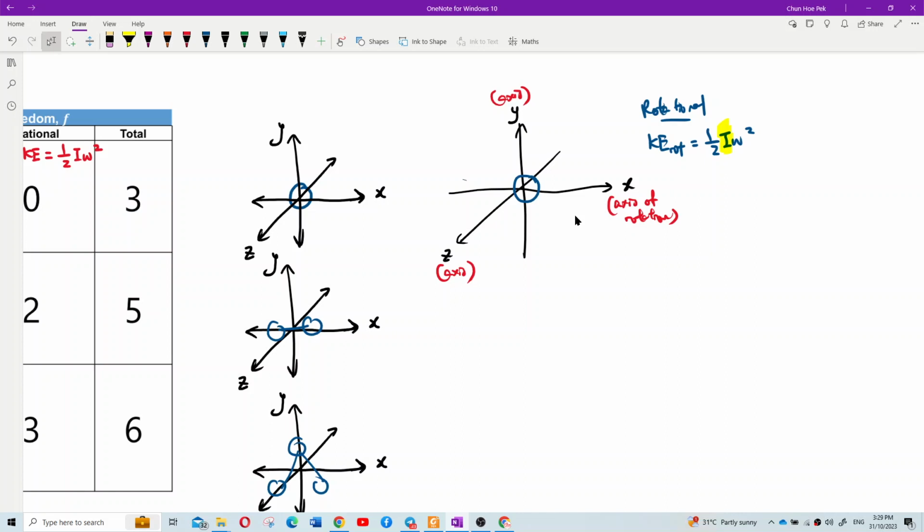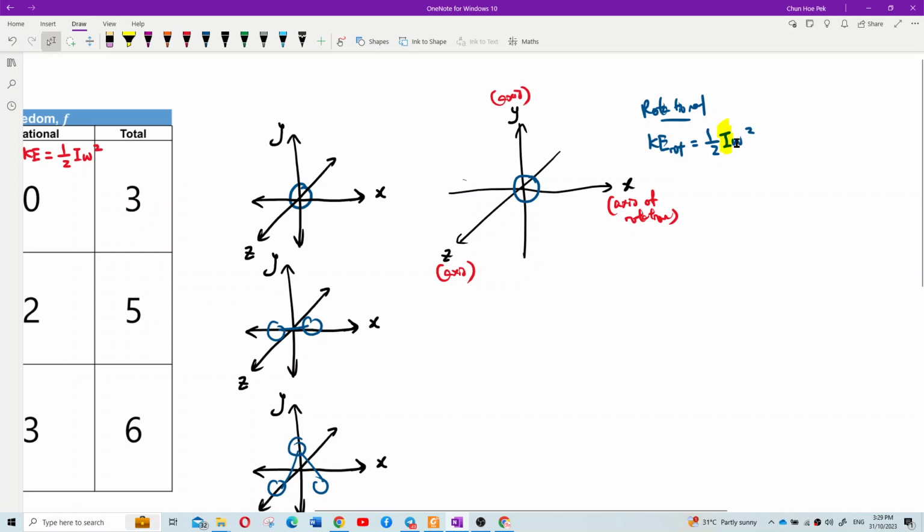Remember the video I showed you? You saw my camera. I showed you how the thing rotates along the x-axis as the axis of rotation, the y-axis and z-axis. So these x, y, z are axes of rotation.